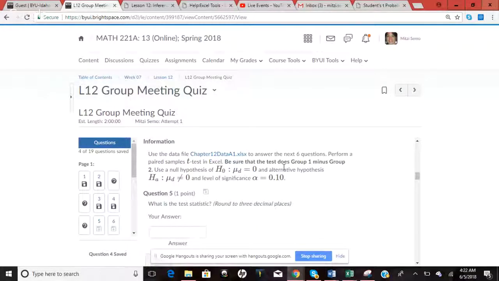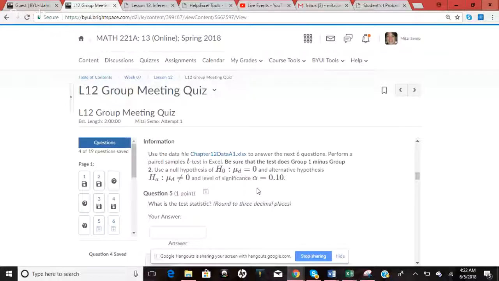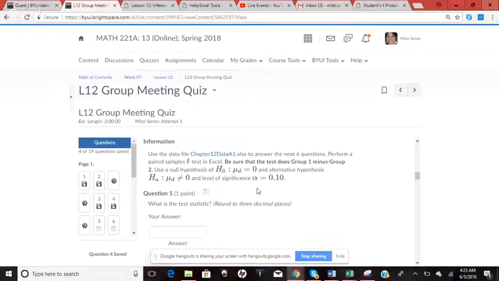All right. Answer the next 6 questions, perform a paired sample t test in Excel. Group 1 minus group 2. So now we use the data set and plug it in.